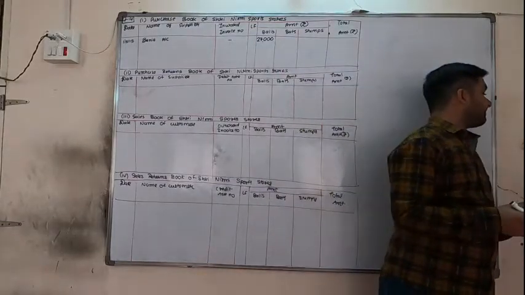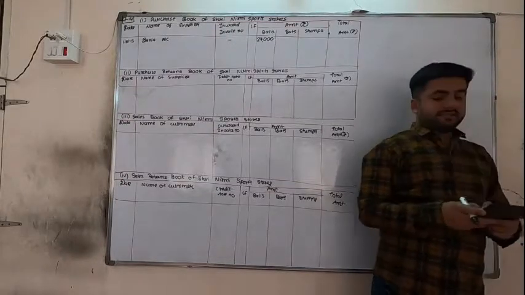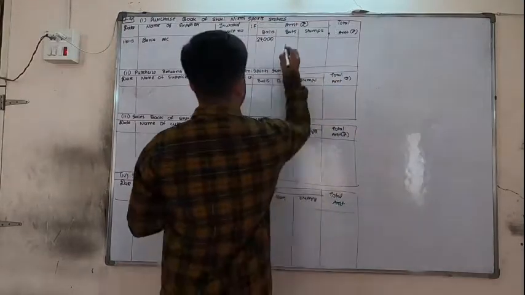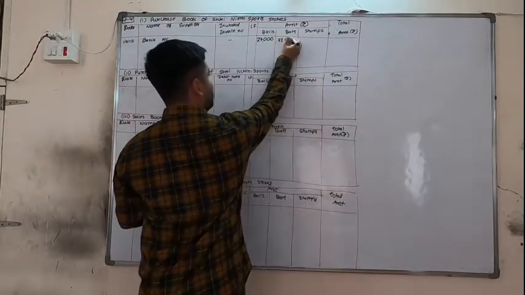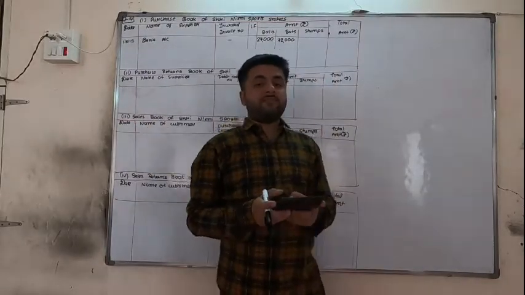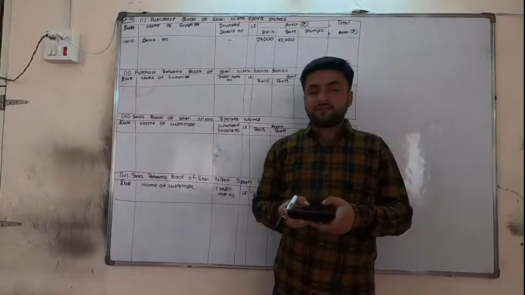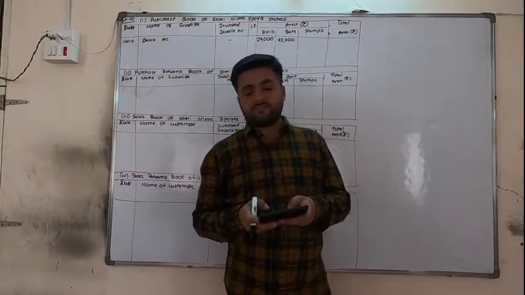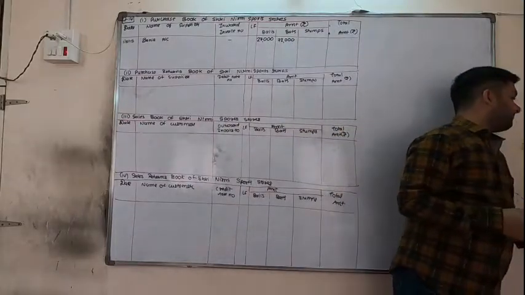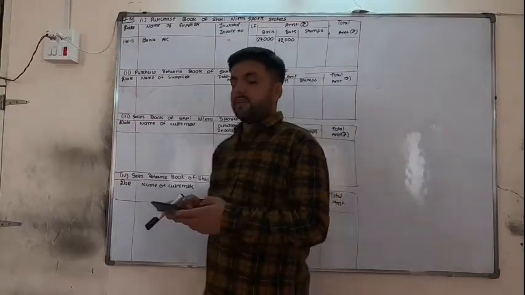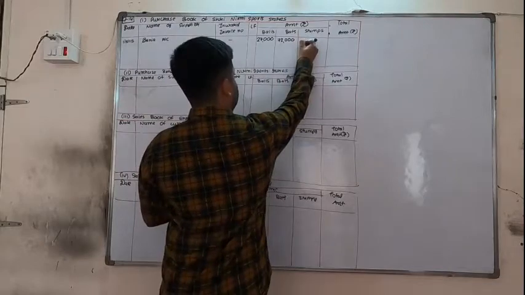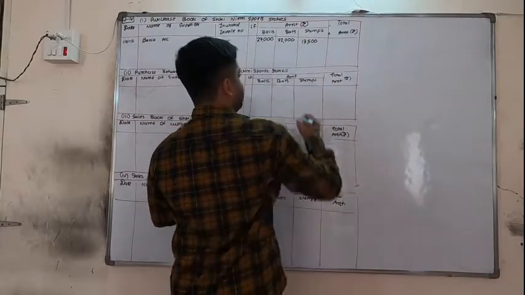Next, bats, 100 bats at 800 per piece. So 80,000 minus 10% trade discount, so 72,000. Next, stumps are 50 at 300 per pair, so 300 into 50 is 15,000 minus 10%, that is 13,500.